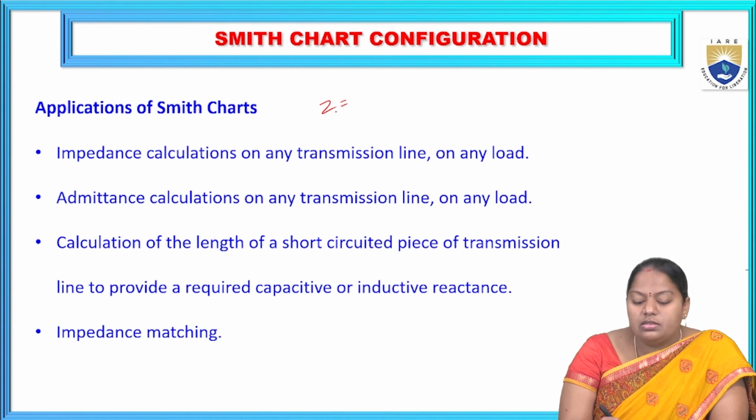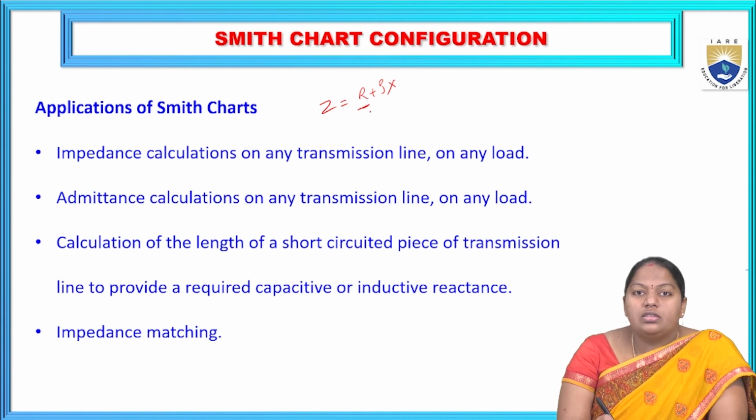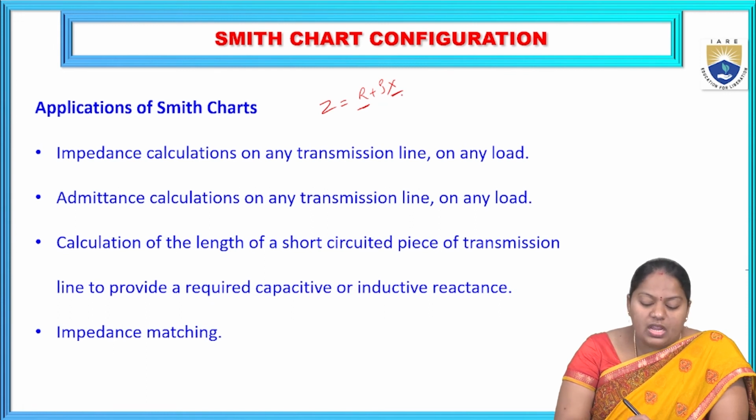To calculate the Z value, we need R and X values. R is obtained from the constant resistance circles and X is obtained from the constant reactance circles. The second one is admittance calculations on any transmission line with any load.